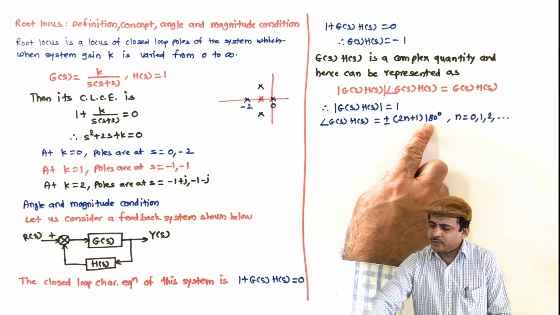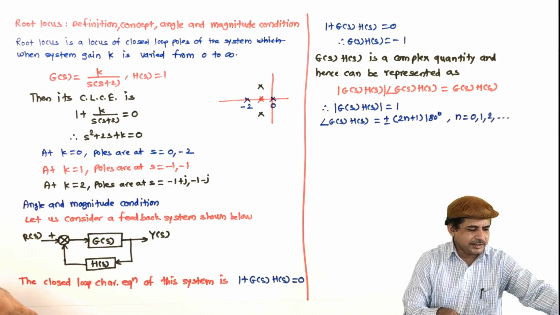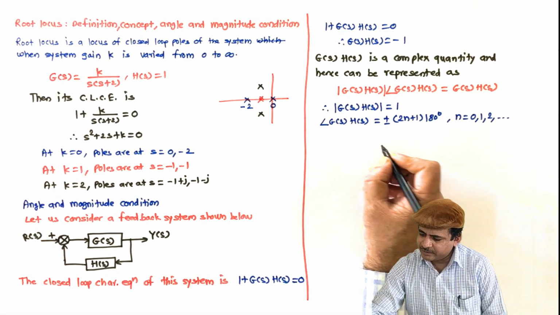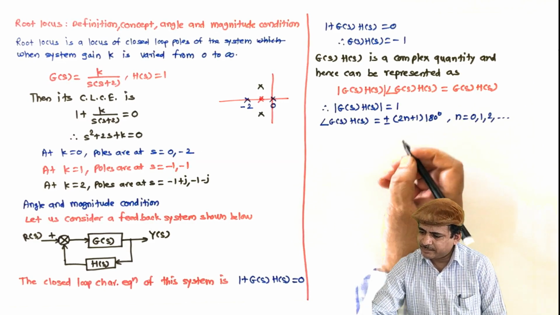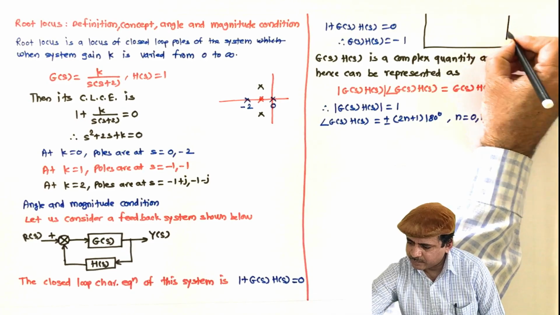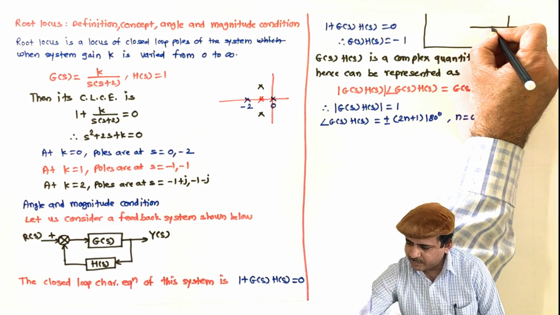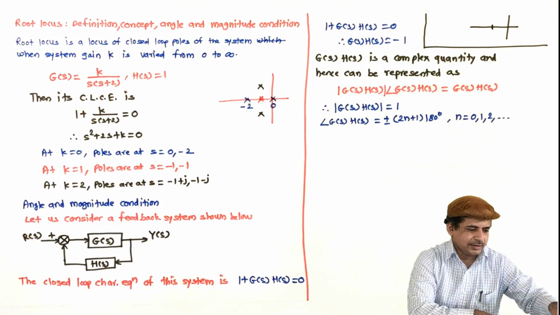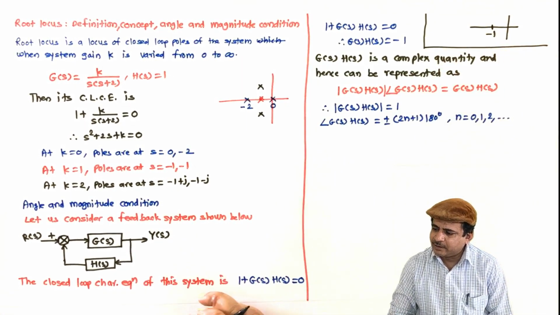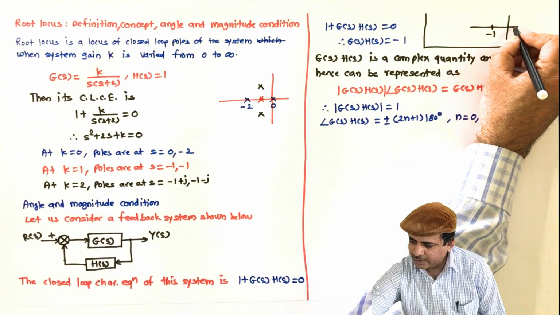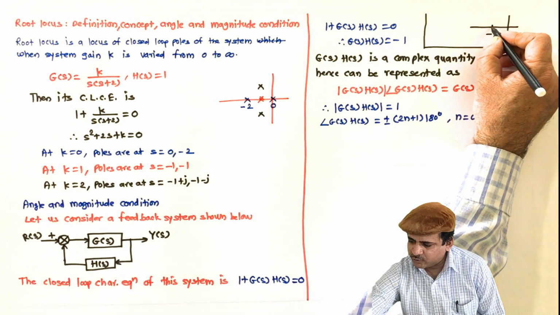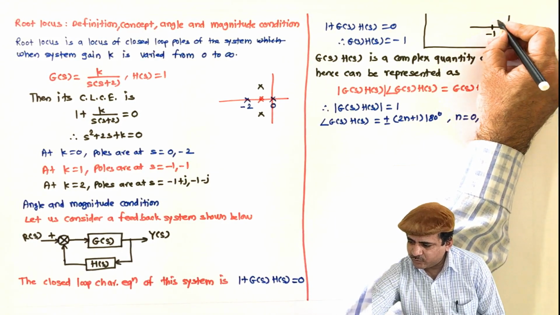And why does this happen? For its elaboration, let us consider that G(s)H(s) is minus 1. So this is the minus 1. We can see that its magnitude is 1 and its angle, if we go like this, is 180. If we go like this, it's minus 180.